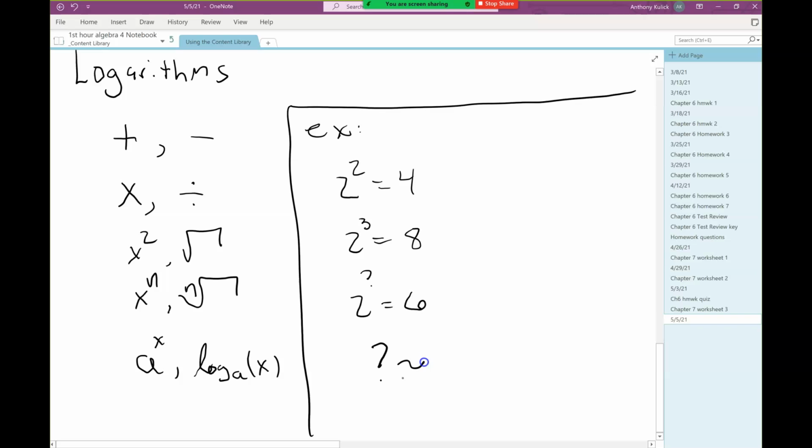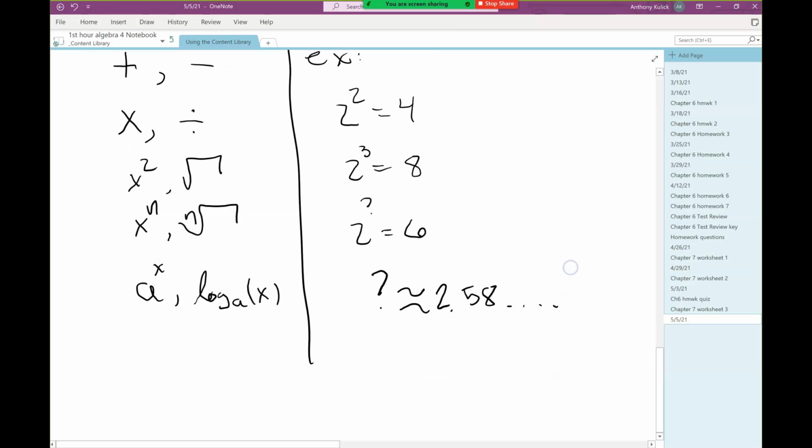So this question mark, well, this is about 2.58. But this is some kind of irrational number, right? The decimals are just going to keep on coming and coming with no kind of repeat pattern going on.